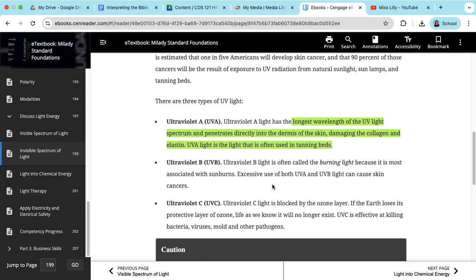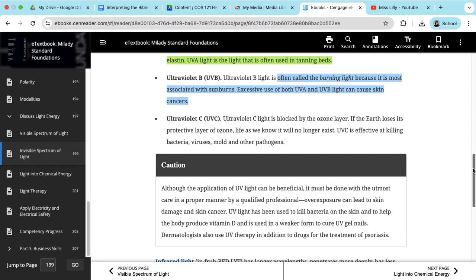The UVB is often called burning light because it's the most associated with sunburns. Excessive use of UVA and UVB light can cause skin cancer. So we don't want to be exposed to the sun for a long time. The UVC is blocked by the ozone layer.